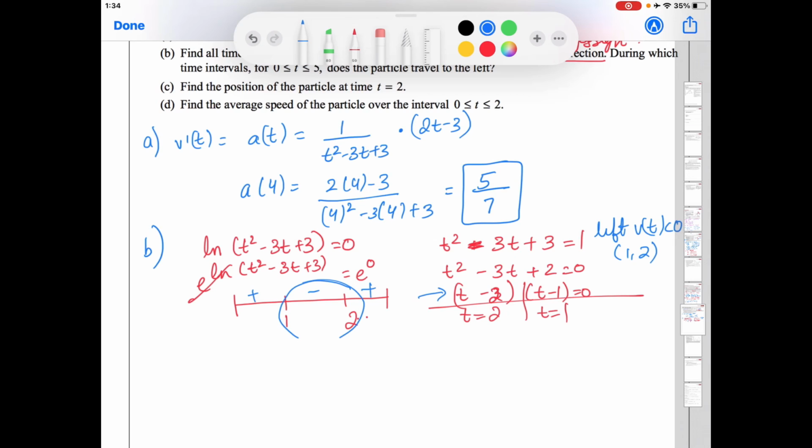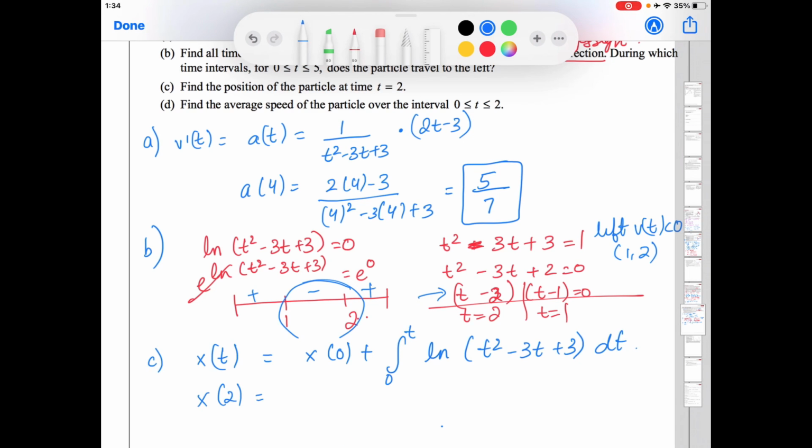Part C. Find the position of the particle at time t equals 2. So how do I find my position from my velocity function? Your position is basically the integral of velocity. So I'm going to set it up. It would be x of 0, which is my initial condition, plus the integral from 0 to t of ln of that function v of t, which I'm going to write here.